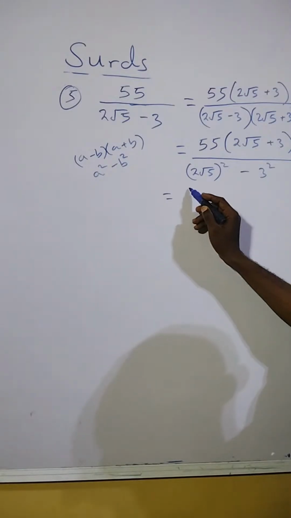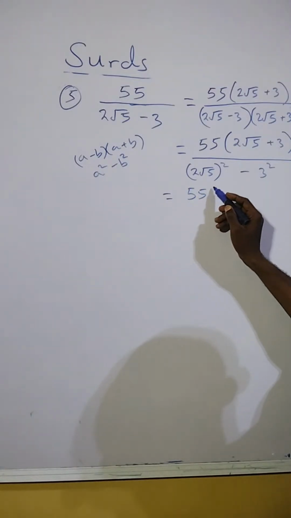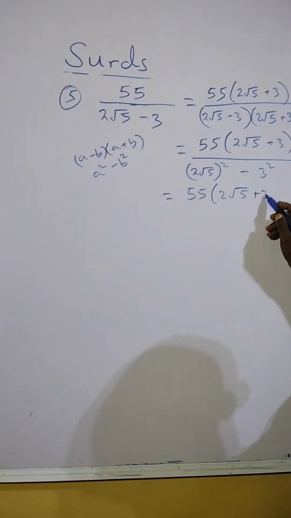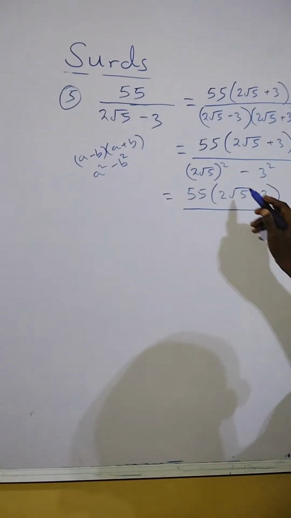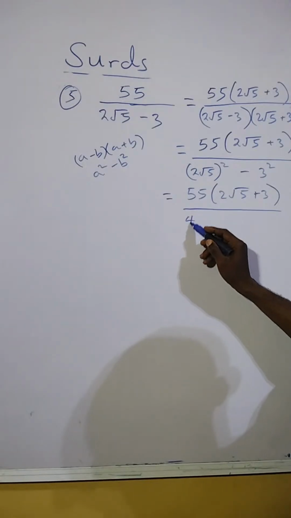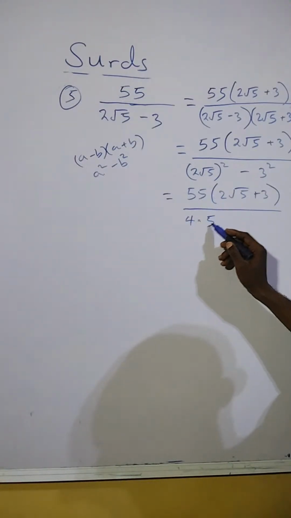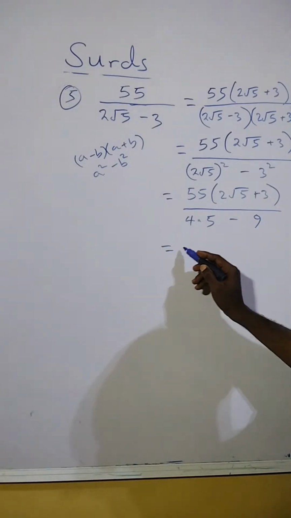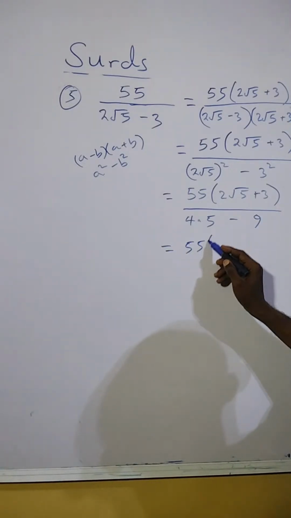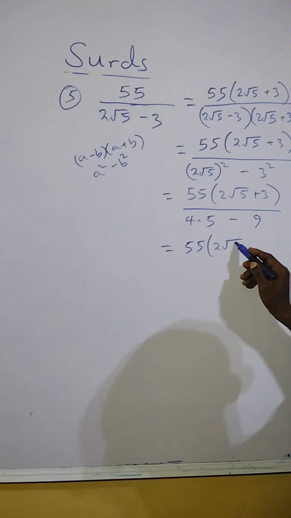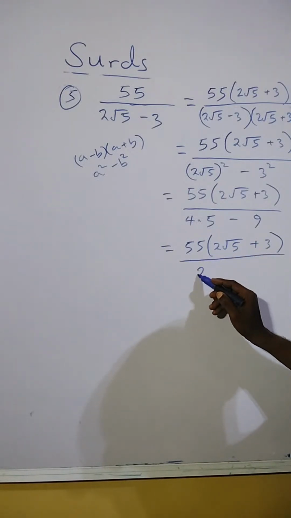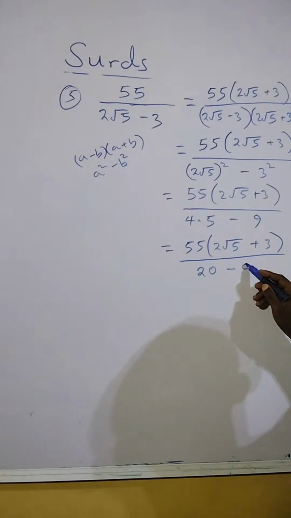Then this becomes 55 into bracket 2 root 5 plus 3, then divided by 2 square, here 4, times root 5 square 5, minus 3 square 9. This becomes 55 into bracket 2 root 5 plus 3, then divided by 4 times 5, 20 minus 9.